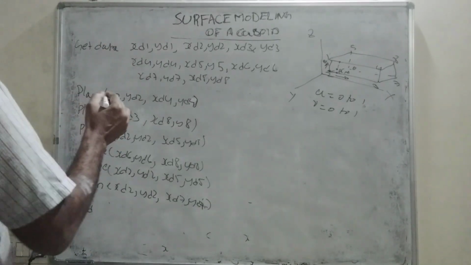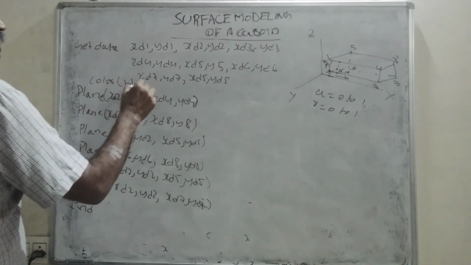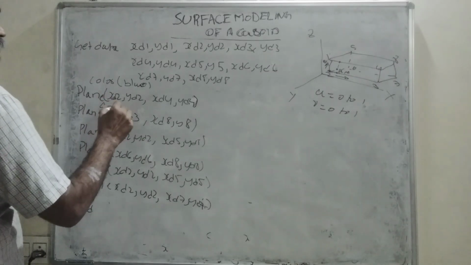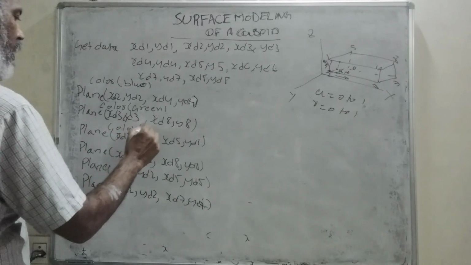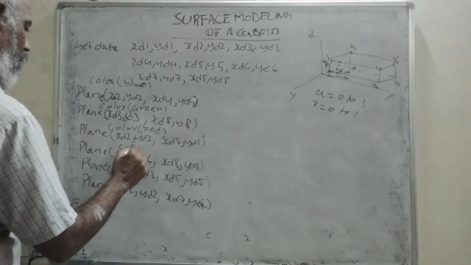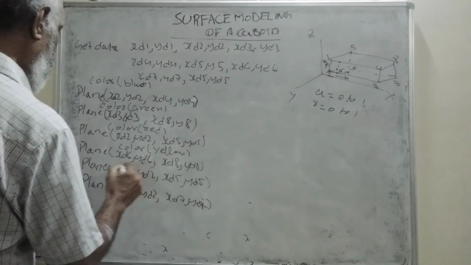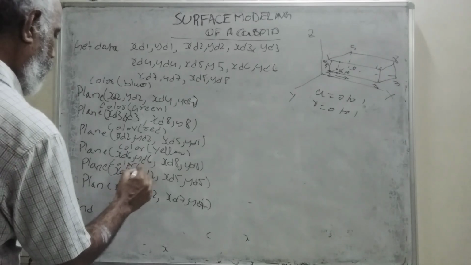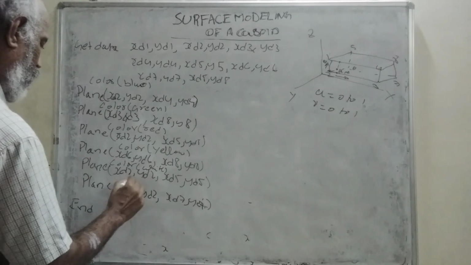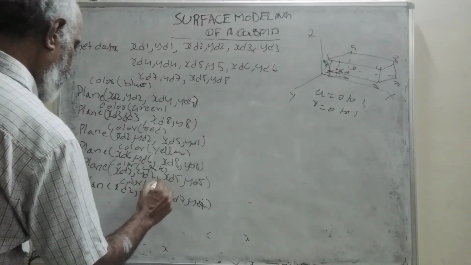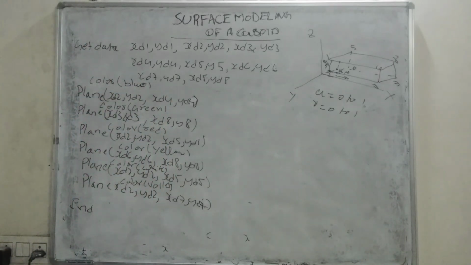So here, color blue, color green, color red, color yellow, color white, color violet. So there are different colors. We are plotting different planes.